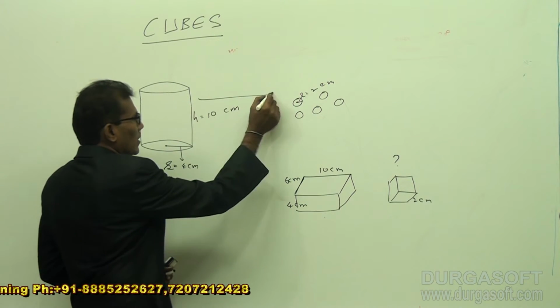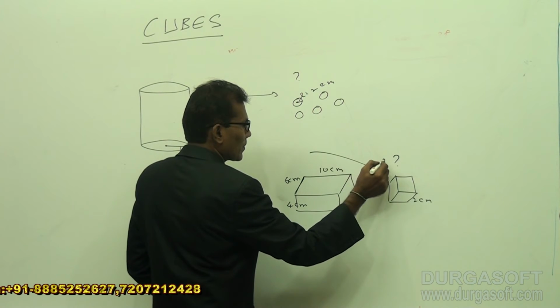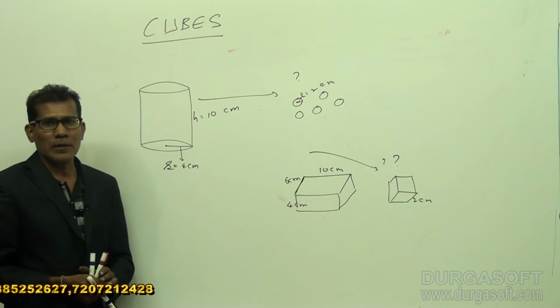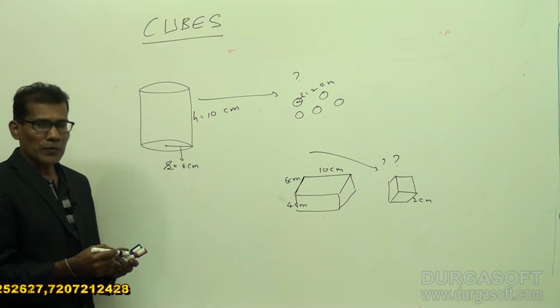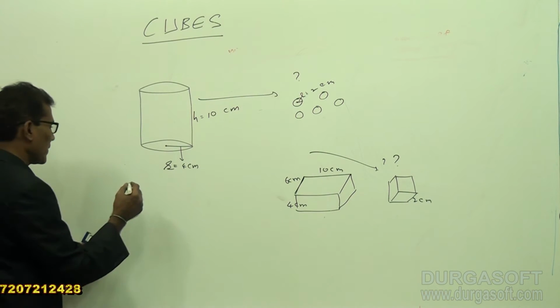From a cylinder, how many spheres? From a cube, how many cubes? Like that, any solid to any solid, the number of small solids. To work out this type of question, you need to remember a formula. This is very, very important.